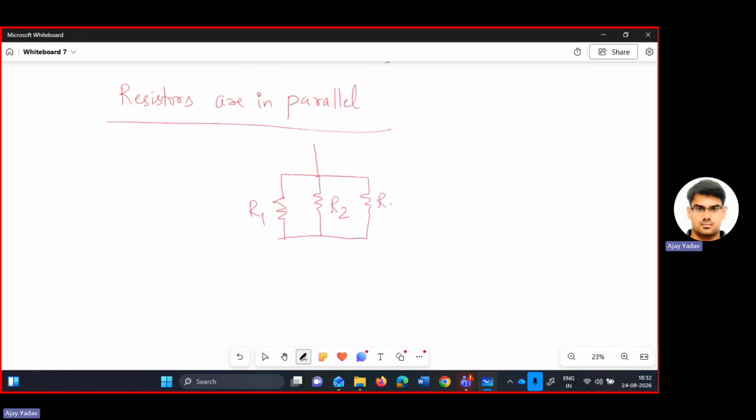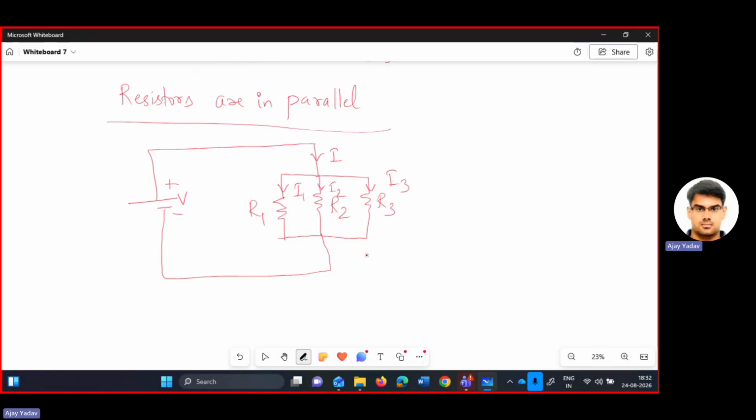All of them are in parallel. I is the current flowing from a voltage source of V, and the current in this branch I am assuming is I1, in this it is I2, and in this branch the current is I3.